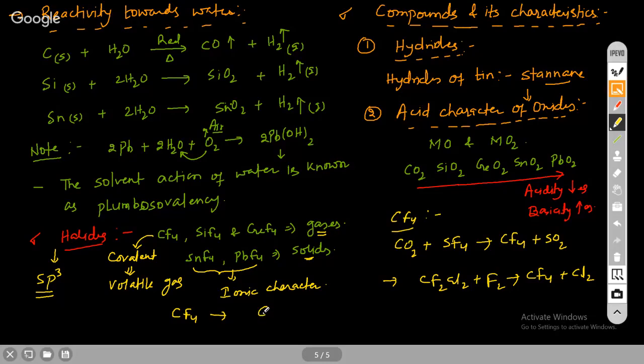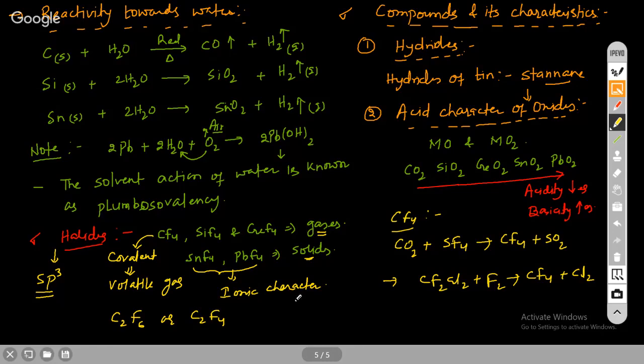We get CF4, carbon tetrafluoride, but there is also the possibility of ending up getting hexafluoroethane, which is nothing but C2F6, or we can also get tetrafluoroethane, which is C2F4. Hexafluoroethane or tetrafluoroethane.